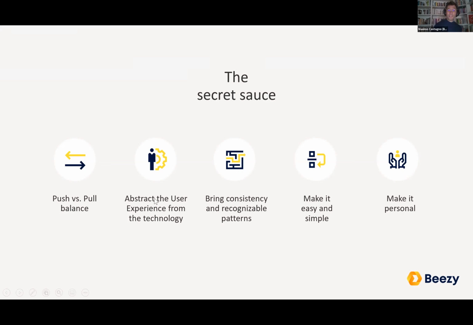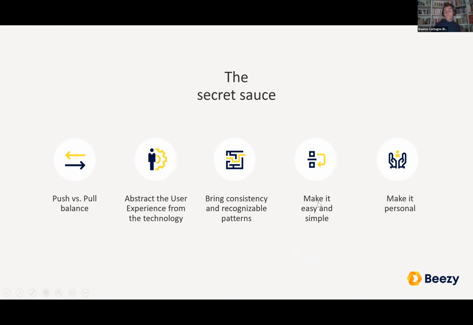Another interesting topic is this idea of abstracting the user experience, or the employee experience, from the technology, from the platform. That's something we will be seeing. Bringing consistency and recognizable patterns. You will see how much we try to mimic things that work in the consumer world for our product to be very easy to understand.